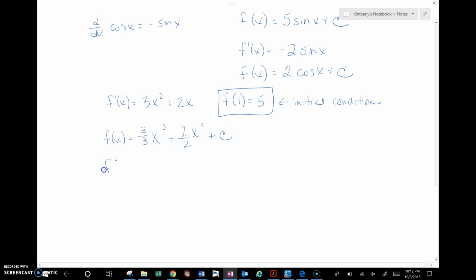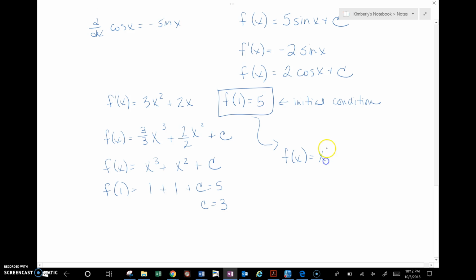So this is a pretty nice little function here. It's just x cubed plus x squared plus c. And then plugging in 1, f of 1 equals 1 cubed plus 1 squared plus c equals 5. So c equals 3.